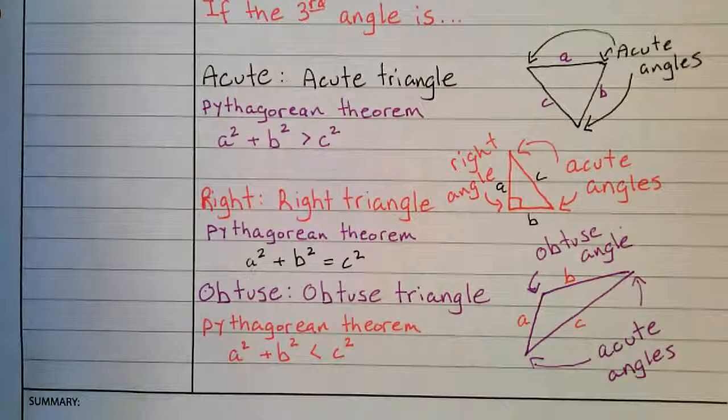So even though we are classifying these triangles according to angles, there happens to be something true about the sides that goes along with those angle classifications. So next we're going to look at classifying triangles according to sides.